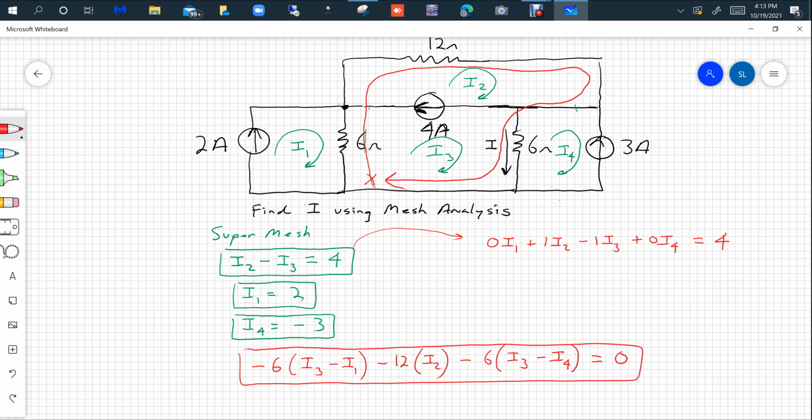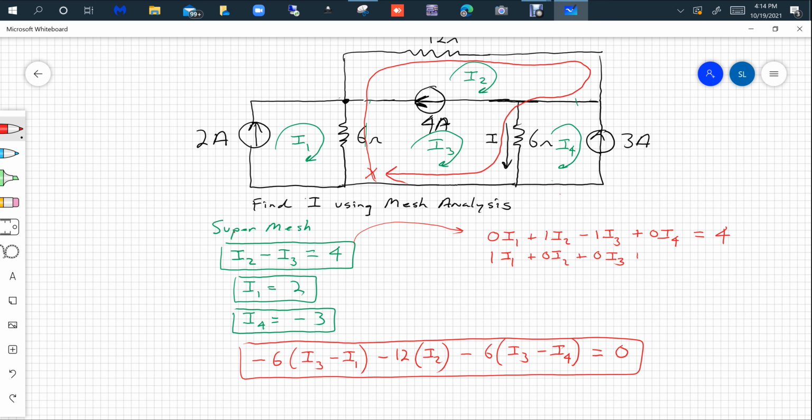The second one, in the standard form, I get a 1 I1 plus 0 I2 plus 0 I3, because the coefficient's 0, plus 0 I4, and that's going to equal 2.